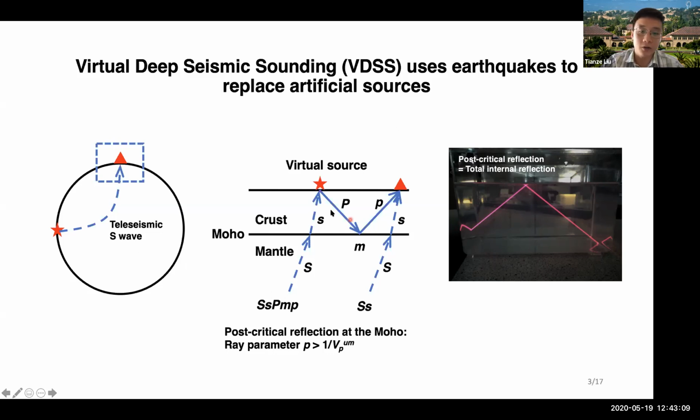And because we're going from the low velocity crust to the high velocity mantle, when we have a sufficiently large incident angle, we can achieve post-critical reflection at the interface between those two media.